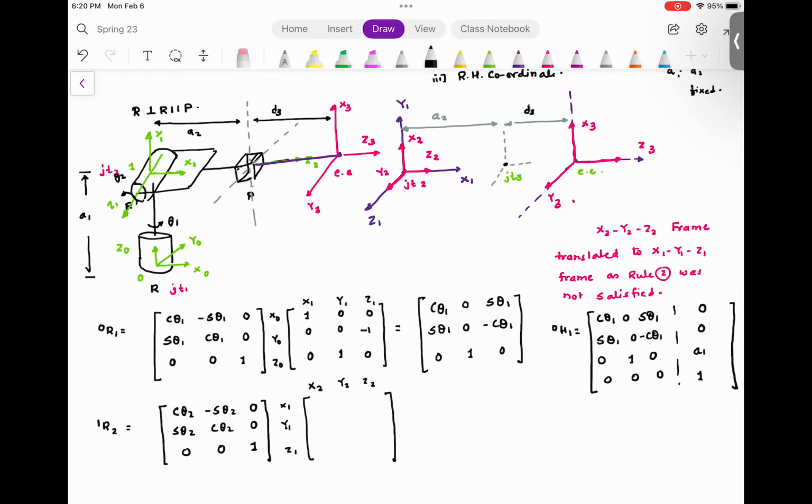So you can see x2 is aligned with y1. y2 is aligned with z1. And z2 is aligned with x1. Do you agree with me? So please understand, for this, x2 is aligned with y1, y2 is aligned with z1, and z2 is aligned with x1.